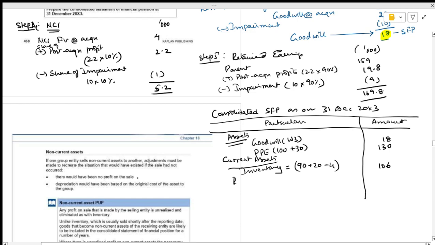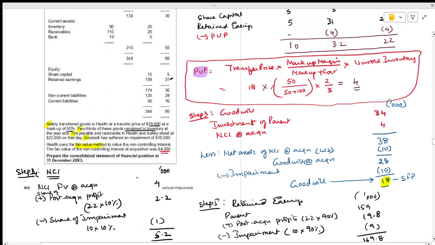Receivables, 110 plus 25. How much is the intergroup receivables?